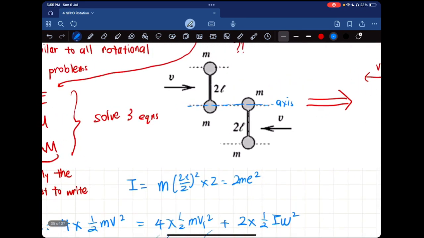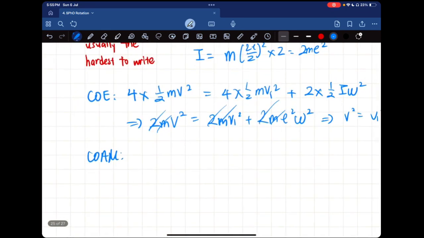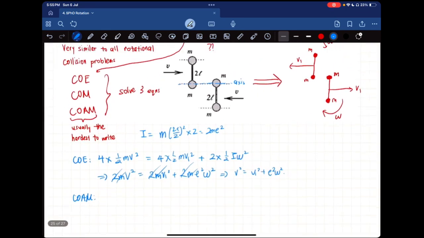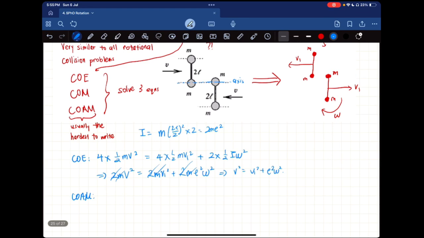Let's see how we write the equation about the axis first. We can write 4mvL, that's the initial, equals 4mL squared omega minus 4mV1L. Right, that's your final. And negative here again because direction is important.